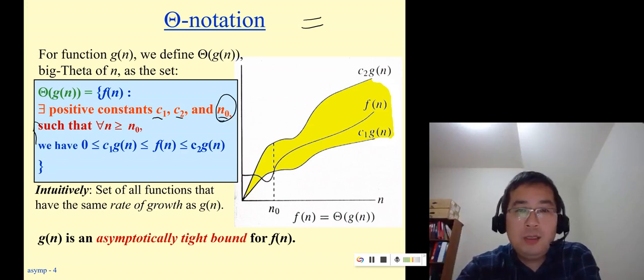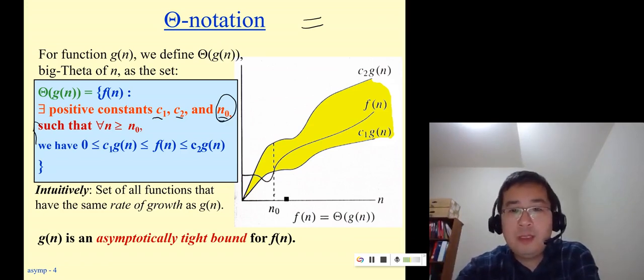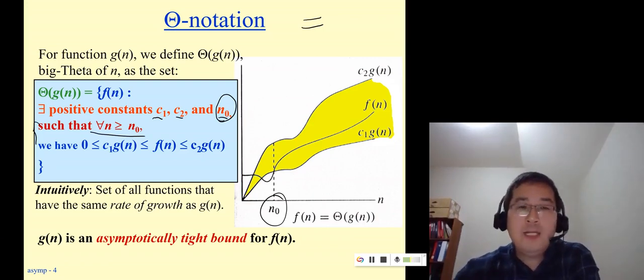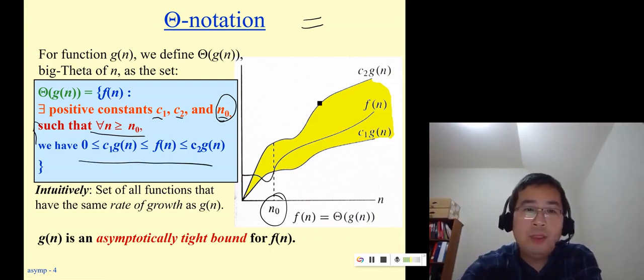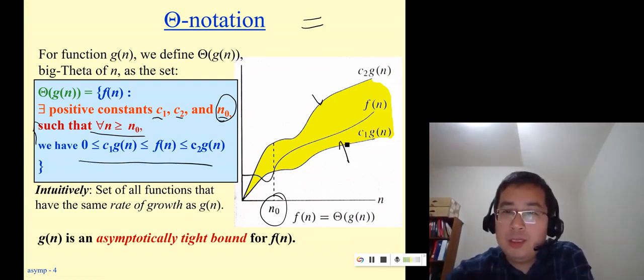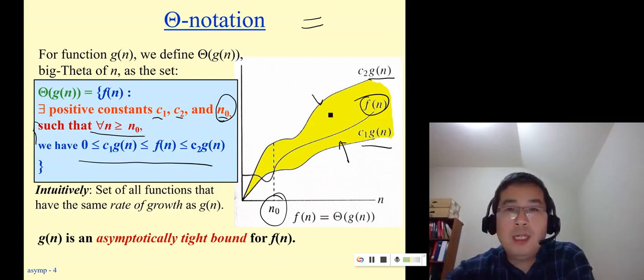That means we can find a number such that for any n larger than or equal to N0, we can bound f of n. We use g of n to bound this f of n. So f of n belongs to this group, just like I mentioned, n plus log n. All of these belong to theta of n.